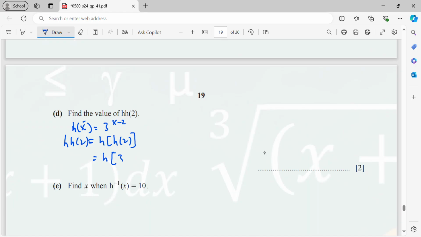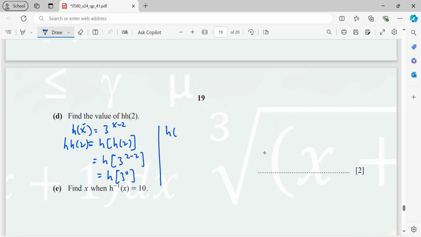Therefore, I will get 3 to the power of 2 minus 2. So this is 3 to the power 0, and 3 to the power 0 is 1. So h(h(2)) is h(1). When h(1), you replace the x by 1. So I get 3 to the power of 1 minus 2. That is 3 to the power of negative 1. I will get 1 over 3.